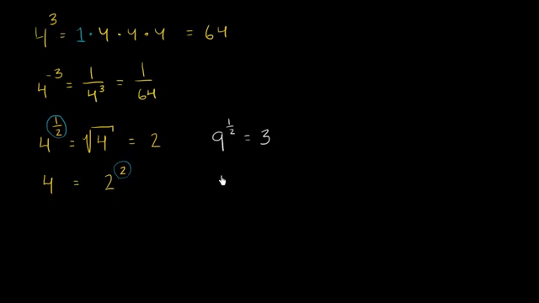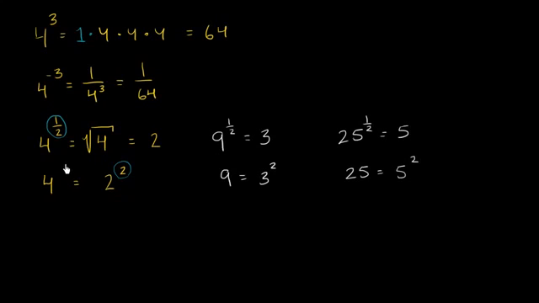And likewise, we could have also said, let me write it this way, that 9 is equal to 3 squared. These are both true statements. Let's do one more like this. What is 25 to the 1/2 going to be? Well, this is just going to be 5. 5 times 5 is 25. Or you could say that 25 is equal to 5 squared.